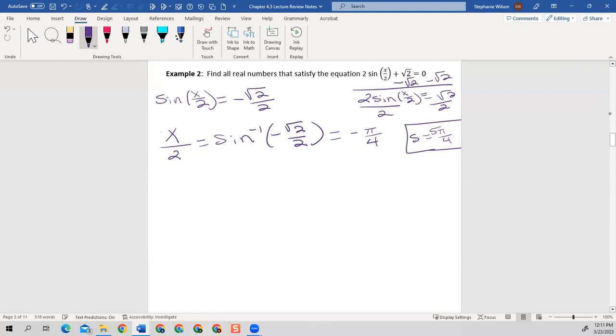So let's try one thing before we go any further. Make sure that we're in, let's see, negative square root of 2 over 2. Anyways, from the unit circle, I get 5 pi fourths.